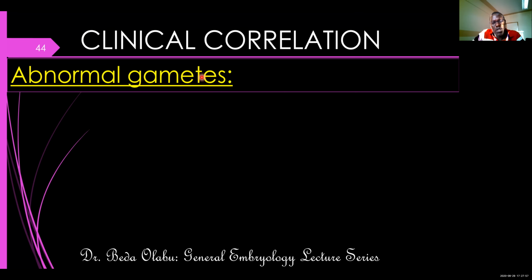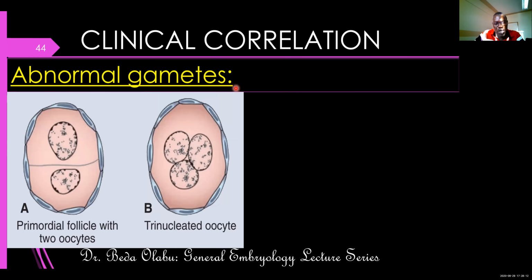When you talk of clinical application, it doesn't necessarily mean that we are going to utilize this clinically. It also means that we are trying to understand some of the abnormalities. So one is that you can have abnormal gametes. For the oocytes, it could be that a single follicle has more than one oocyte.